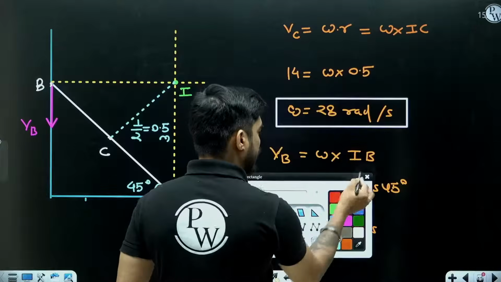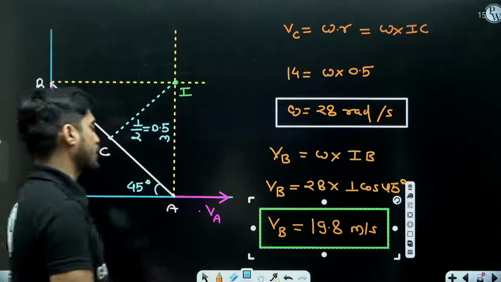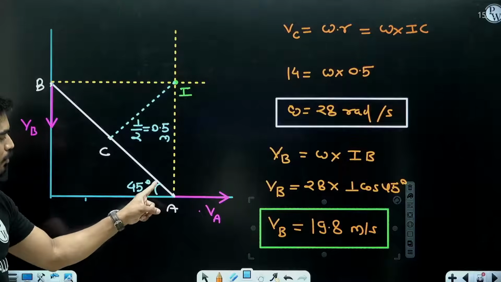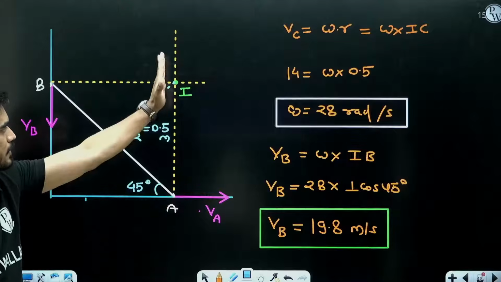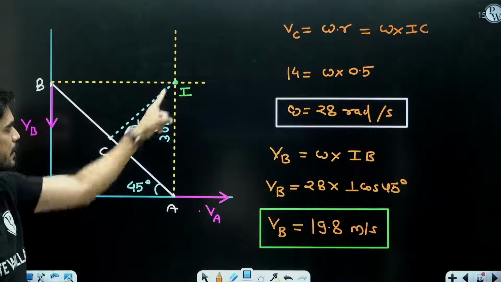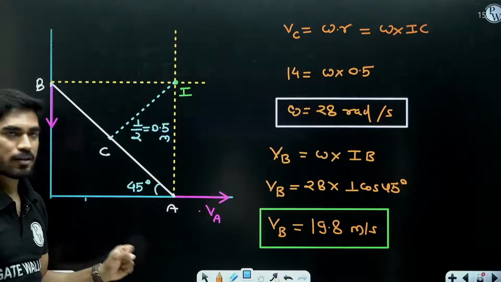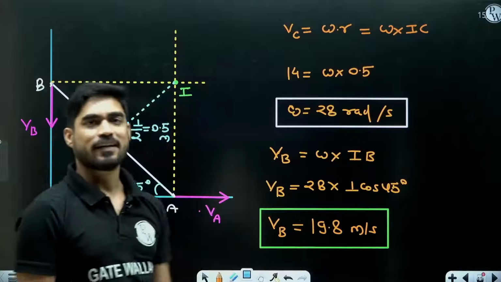If you find out the velocity of A, that will also be the same because this angle is 45 degree. So this distance and this distance, both these distances IA and IB are equal. So VA and VB will also be equal.